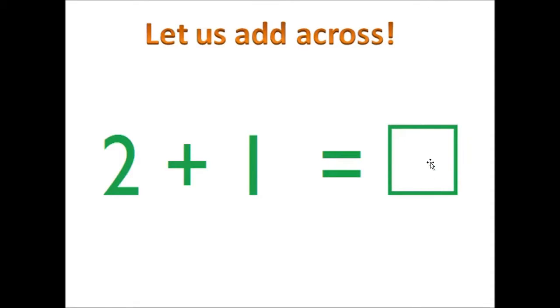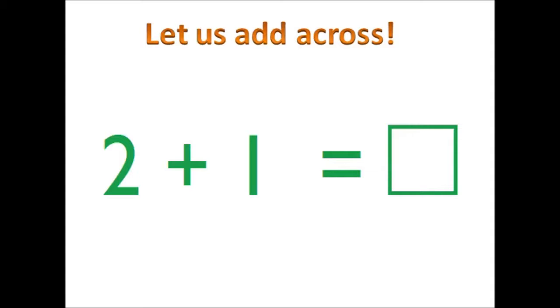So we can read the whole sentence as 2 add 1 equals something, an answer that we will get. Okay, boys and girls? So let's read that sentence again and then we will try to add and solve it.